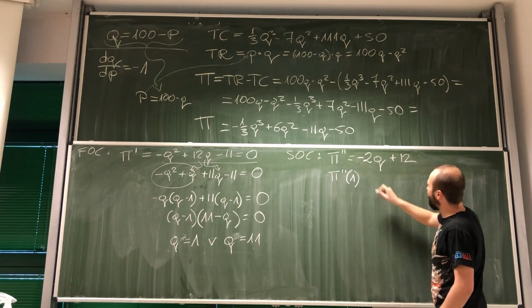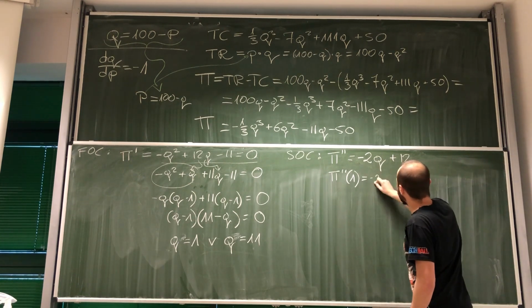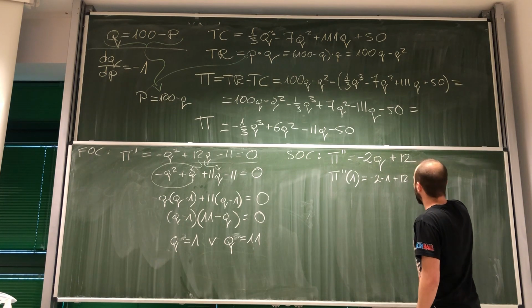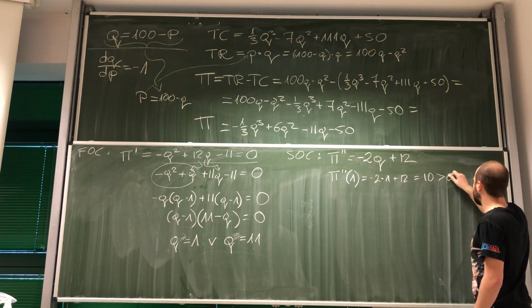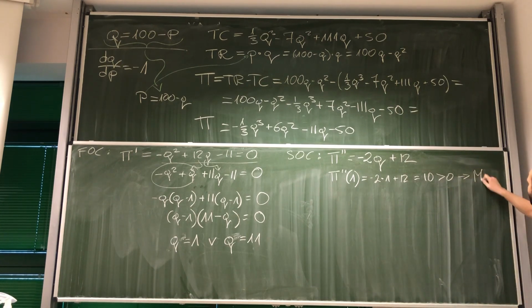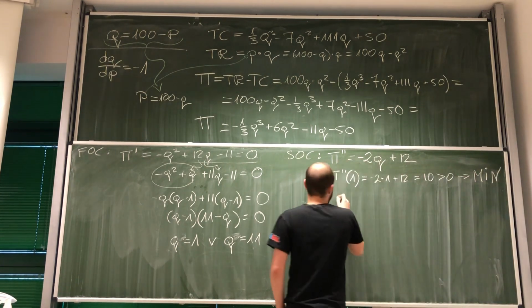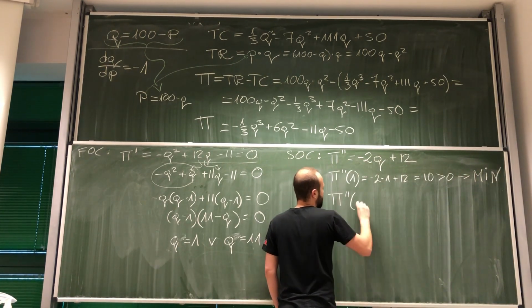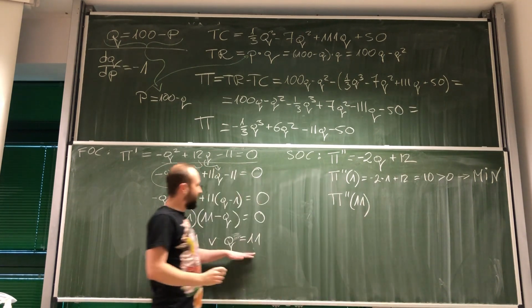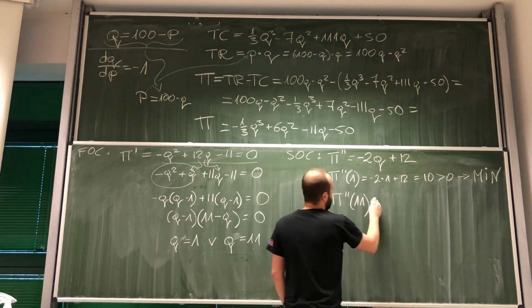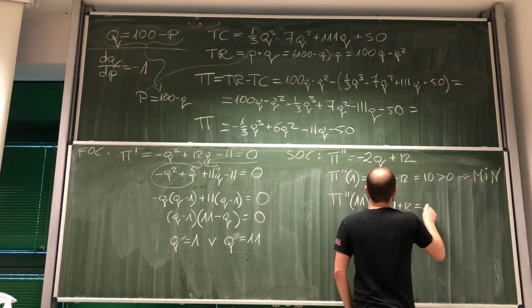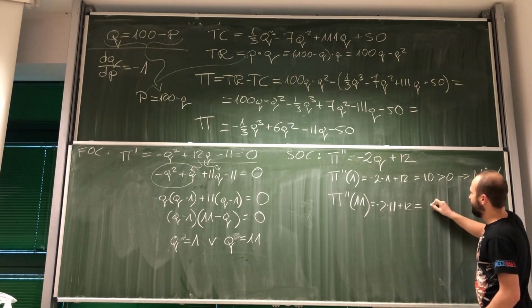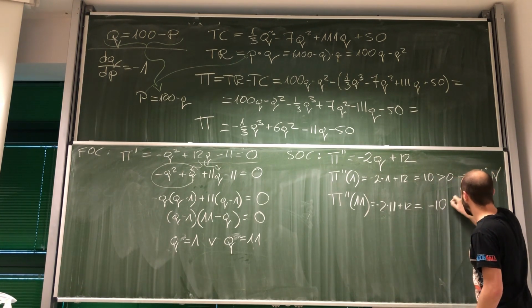Now, if q is equal to 1, then we've got that this is -2 times 1 plus 12, or simply 10. If the second derivative is positive, it means we have a minimum. Now, if I'm going to substitute 11, so our second solution, I'm going to get that this is -2 times 11 plus 12, which is equal to -10.